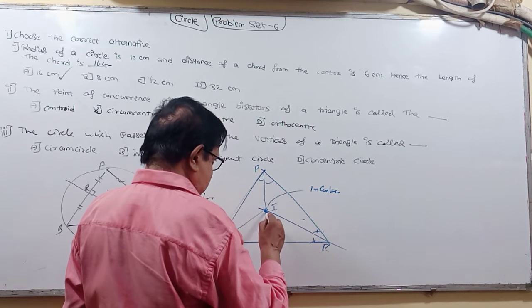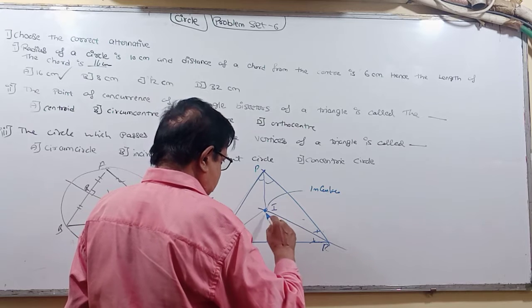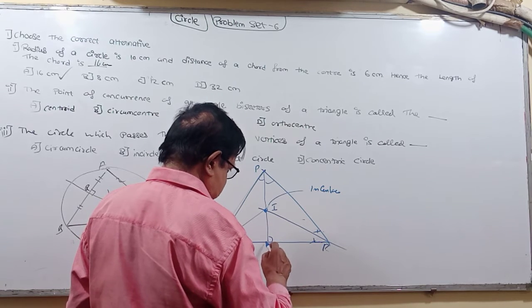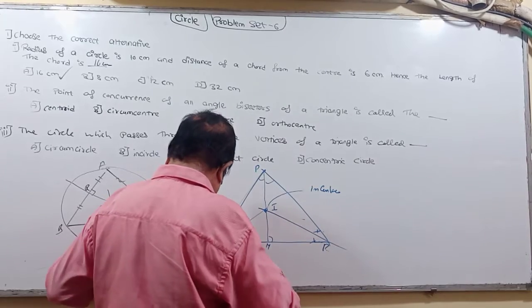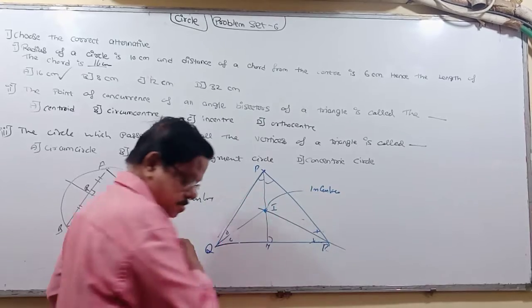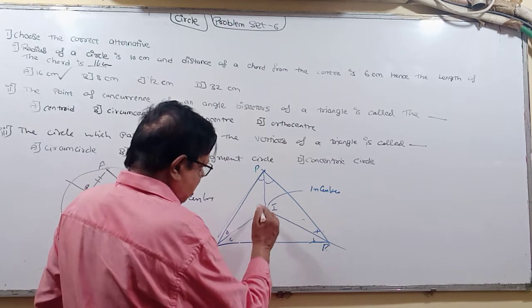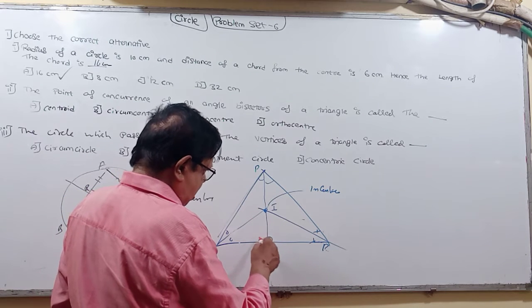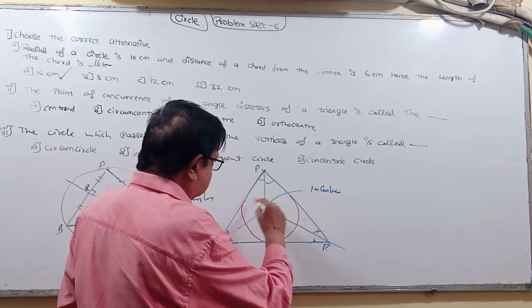Incenter: suppose you draw a perpendicular here, let us say M. This circle which we draw, if I draw a circle with I as center and IM as radius, it will touch all the three sides.